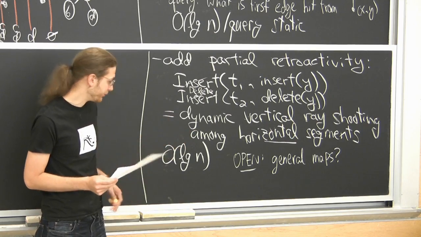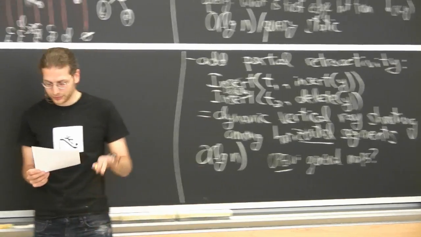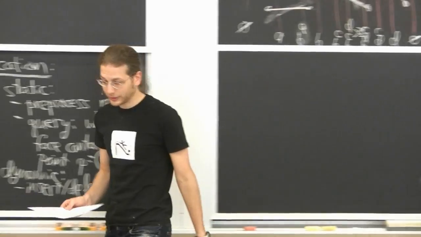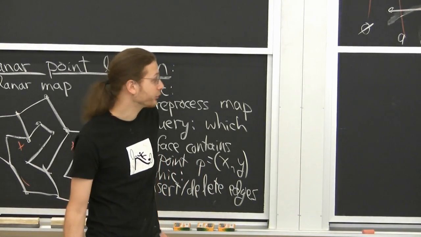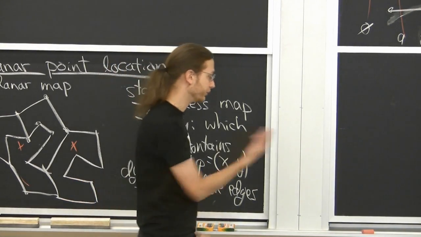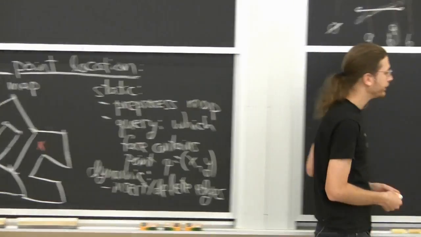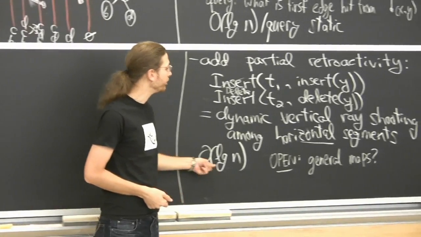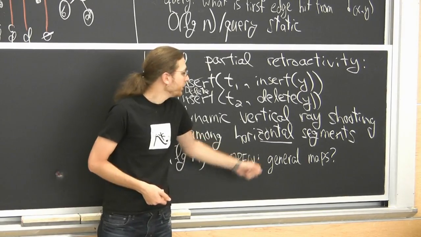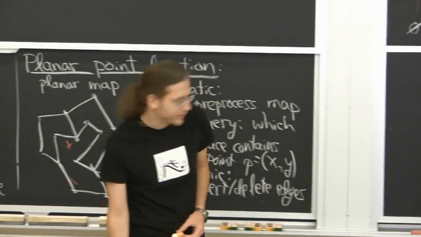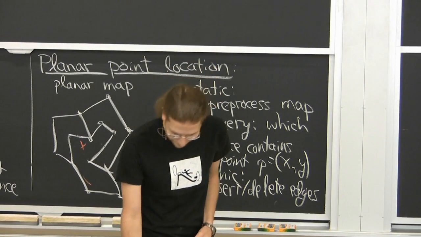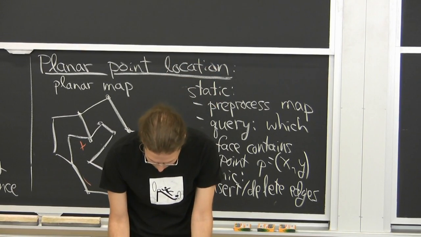There are some other trade-offs. Still, we don't know how to do deletes faster than log squared in any of the general solutions. So you can do log squared for everything, but the hope would be you could do log for everything, even when the segments are not horizontal. But here, retroactivity doesn't seem to buy you anything. It would be nice if you could.